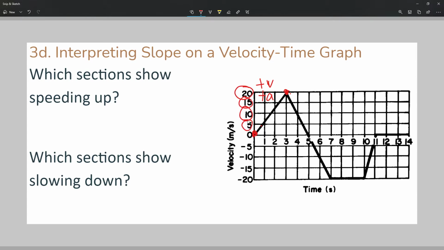I'm sorry, that was a mistake. Your acceleration is positive because you have a positive slope. Your velocity is positive because of these numbers over here. It's above 0. I apologize. So let's do it again.